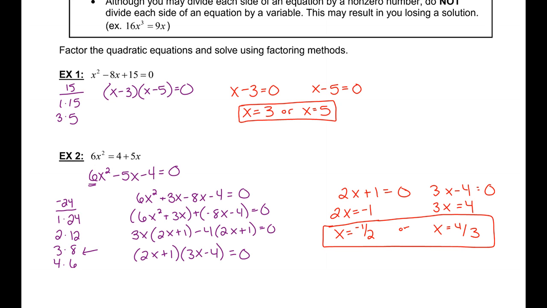Flip to the next page. We're going to look at example number 3. For example number 3, remember that the zero product property only works if one side is equal to 0. So I can't just subtract the 9 over.